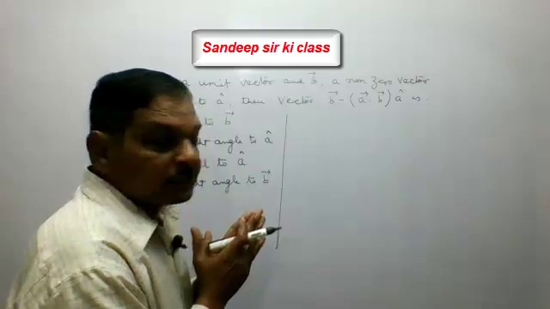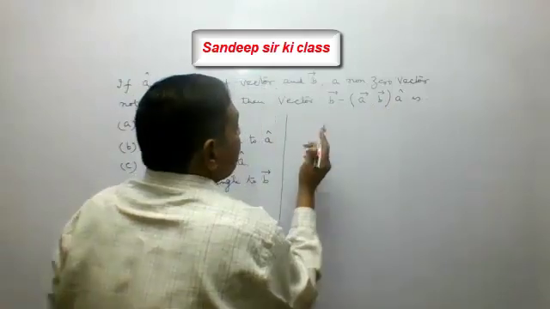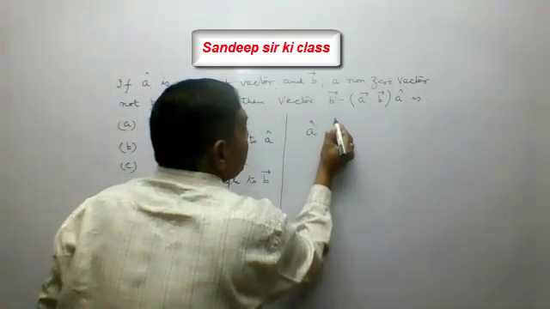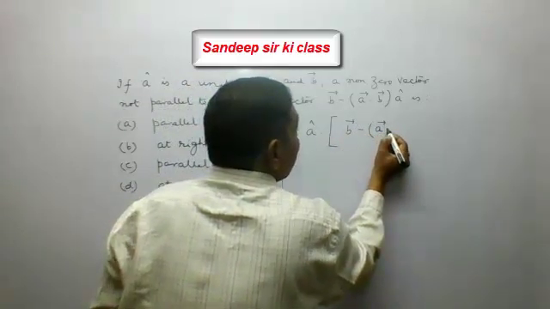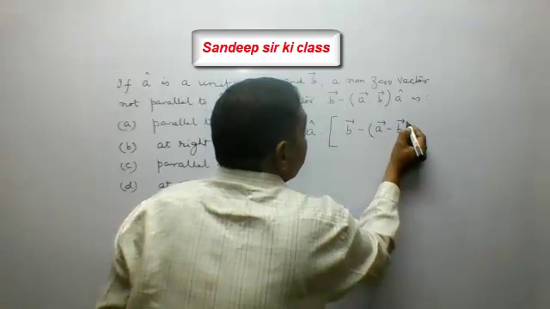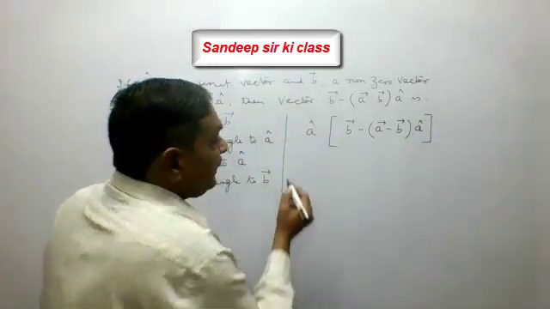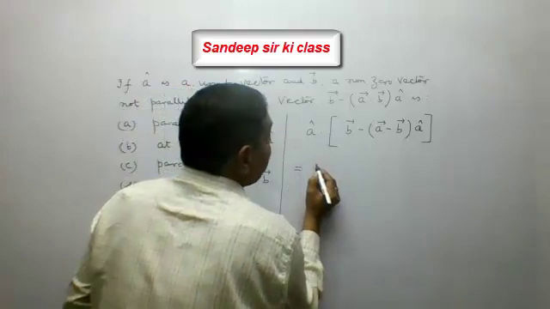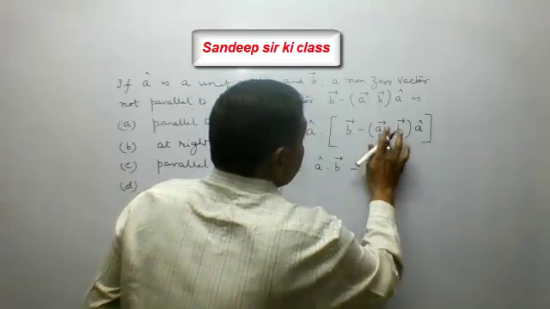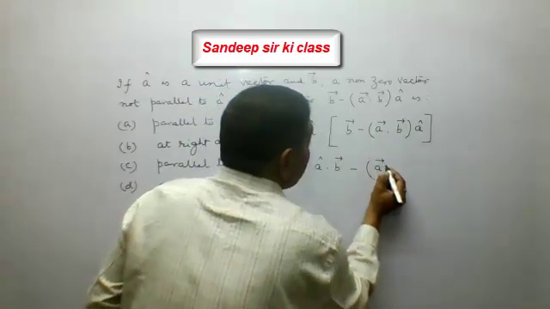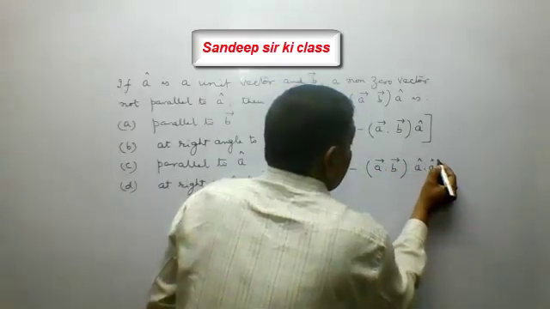Now, what we do in this question is that we take the dot product of a cap with this vector. So, a cap dot (vector b minus (a dot b) times a cap), we get a cap dot vector b minus (a dot b) times a cap dot a cap.